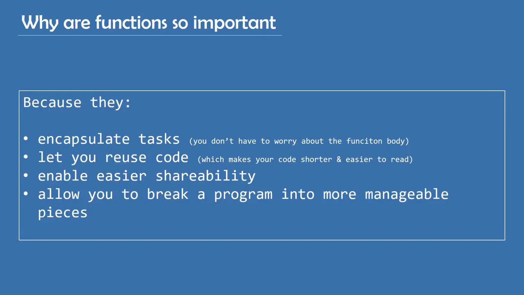They encapsulate tasks, which I talked about earlier, where you only care about the result of the function and not its body. They let you reuse code, which makes your code shorter and easier to read. They enable easier shareability and allow you to break a program into more manageable pieces.